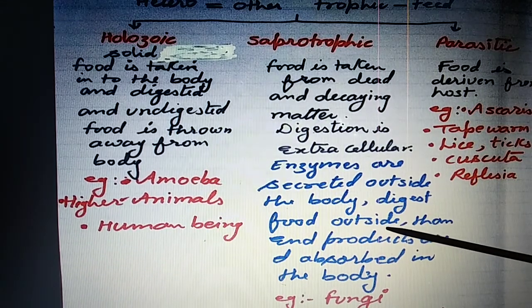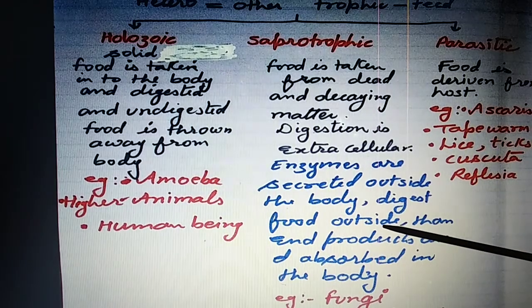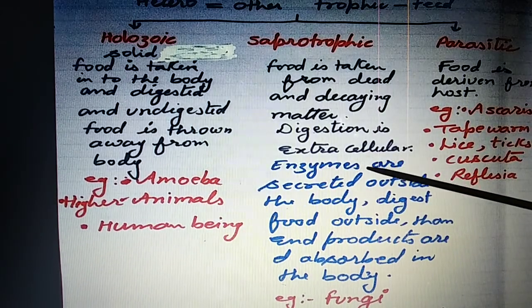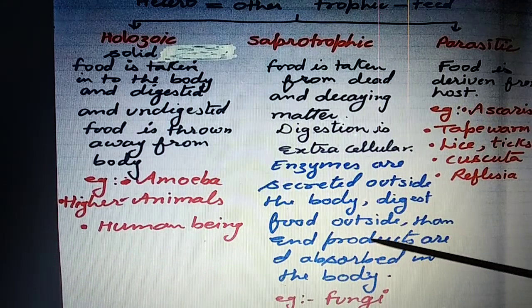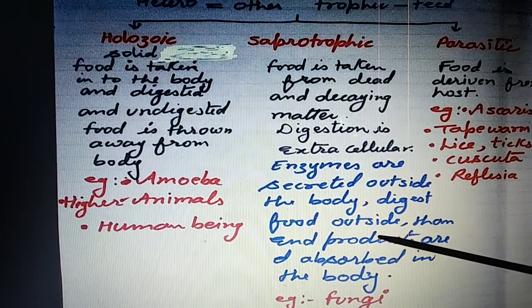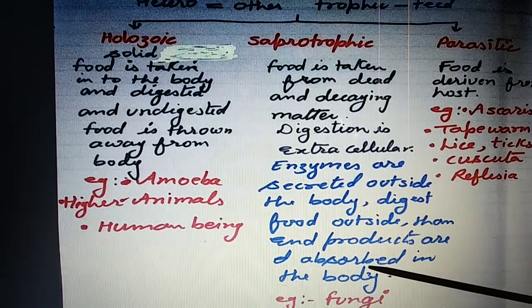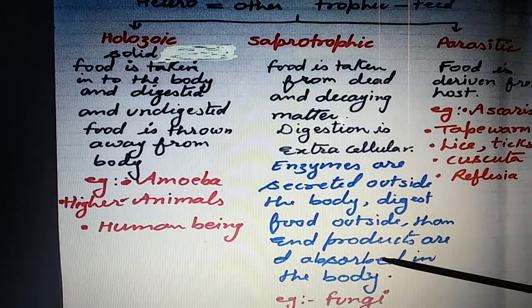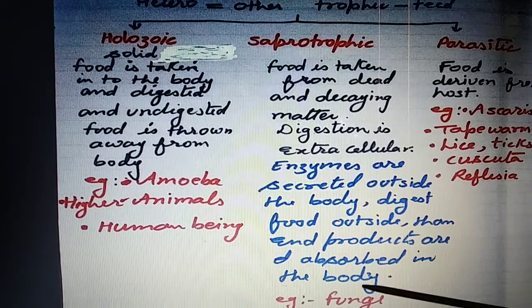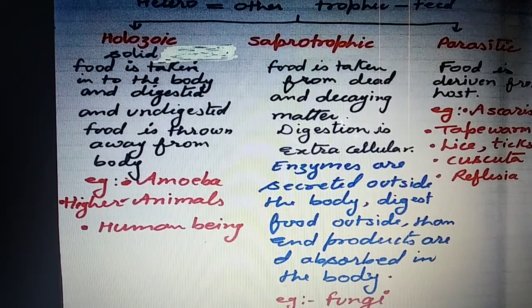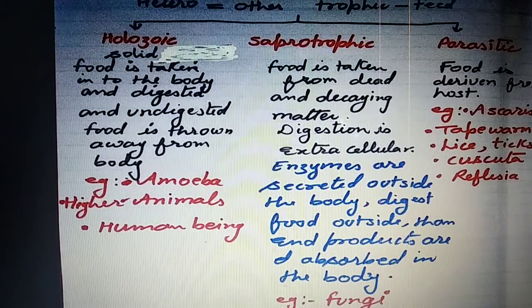It means the enzymes come out onto the material, digest it and make it in soluble form, and then that is absorbed in the body. Example, fungi, yeast and mushroom.